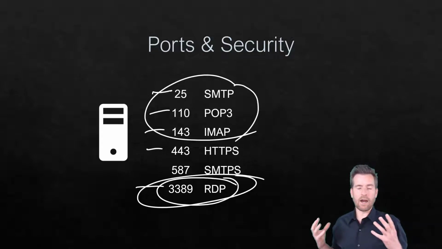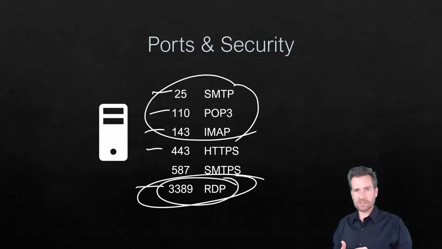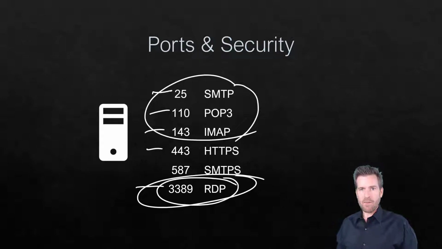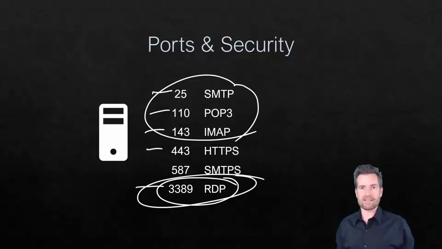Now, we've learned from that mistake, and so now we have fewer services on these boxes, but we've made it easier to turn on those services if you're going to utilize them. The box comes to you without these services automatically up and running, but there's a little wizard that you step through and say, hey, I want these services, and then it installs them on your box and opens them up at that point in time.